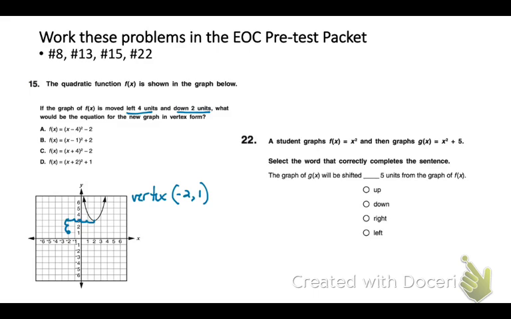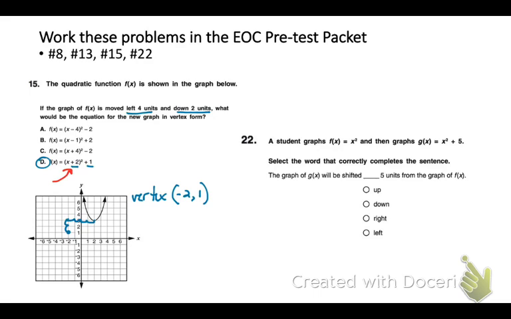Now, using what we just talked about, we're going to look for an equation that has an x value in the parentheses of negative 2. So we want to look for something that has 2 added and then plus 1 out at the end. That's going to be choice D. The number by the x always has the opposite sign.